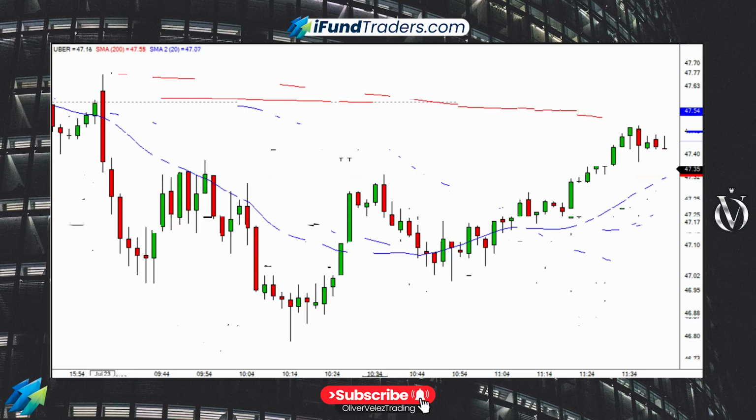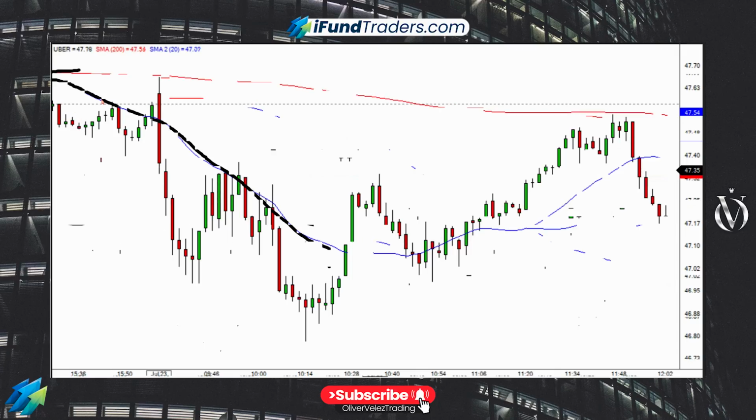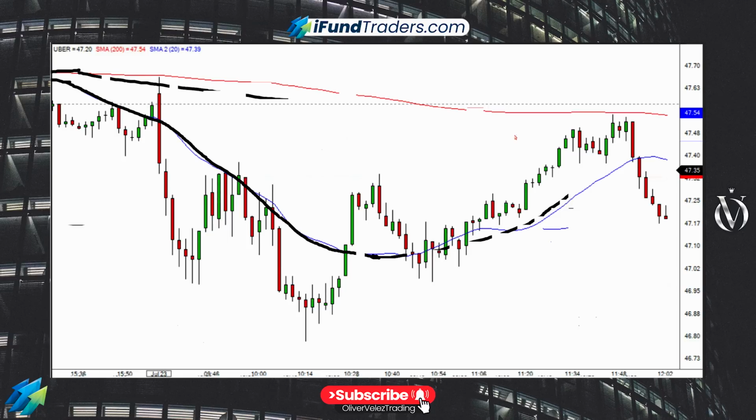So we go from, let me close this a little bit. We go from the narrow state, you see the narrow state, to the wide state, right back to the narrow state again.